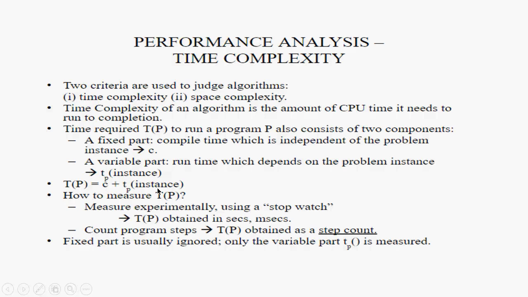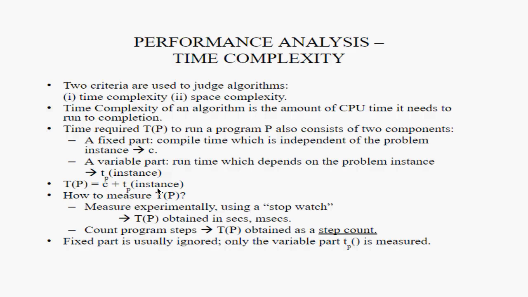I can also say that the execution time always depends upon the size of the input. For example, if you are trying to sort a list and the size of the list is small, the execution time is going to be shorter. Easily you can sort it. If it is a longer list, it takes a little more time. So the execution time depends upon the size of the input, and it depends upon the basic operation.